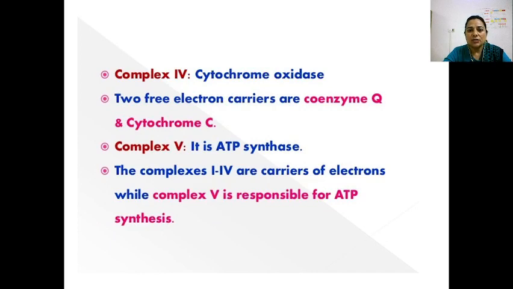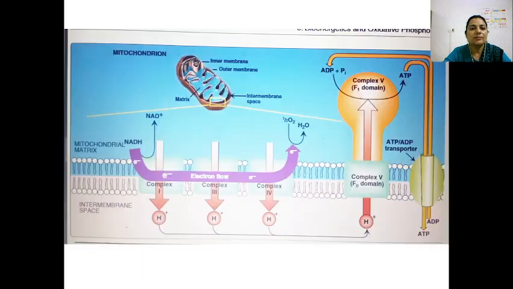The 2 free electron carriers are coenzyme Q and cytochrome C. Complex 5 comprises the ATP synthase. Complexes 1 to 4 are carriers of electrons, while complex 5 is responsible for ATP synthesis.